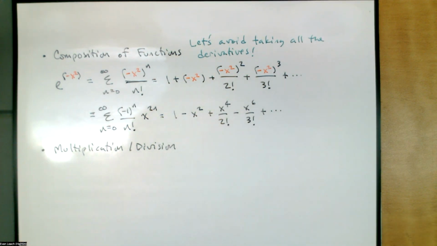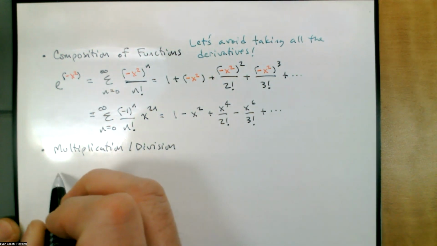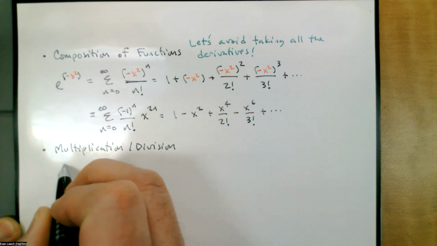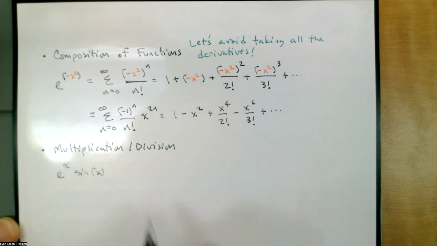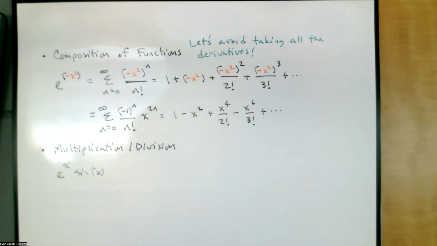So for example, if I have a function that is a product of, let's say, e to the x and sine of x, I don't want to take all the derivatives of e to the x sine x, and I have to do a bunch of product rule, and then some more product rule, and then some more product rule.